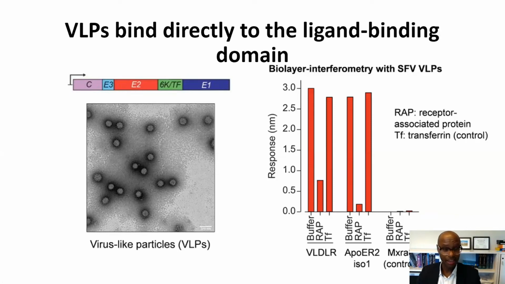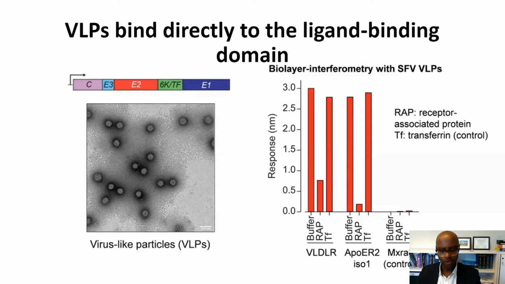So this allowed us to say that the interaction between VLDLR and ApoE2 ligand binding domains with VLPs was a direct one, not requiring intermediate association with virus-like particles, and that the interaction was specific because it could be inhibited by a receptor binding antagonist that is known to bind the ligand binding domain, this RAP protein shown here.